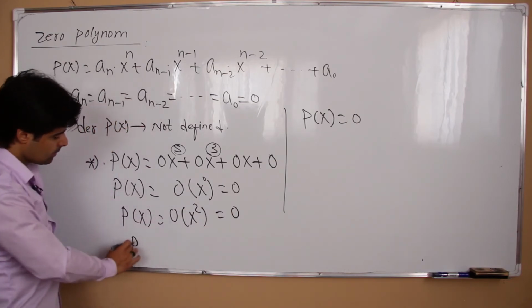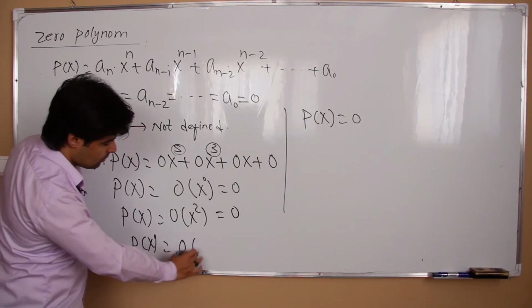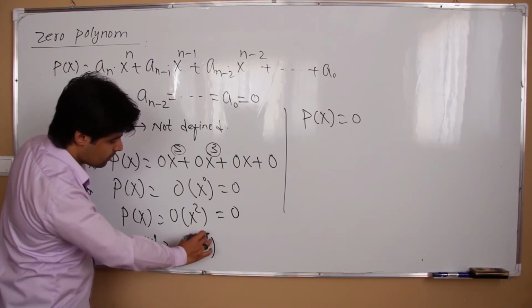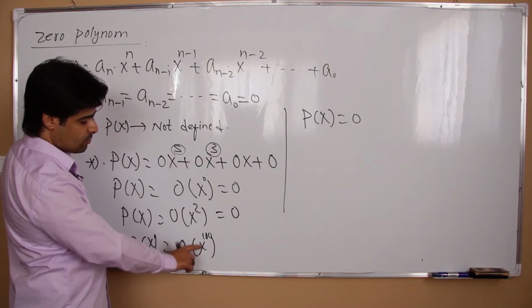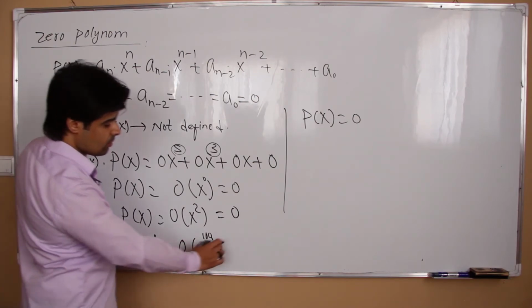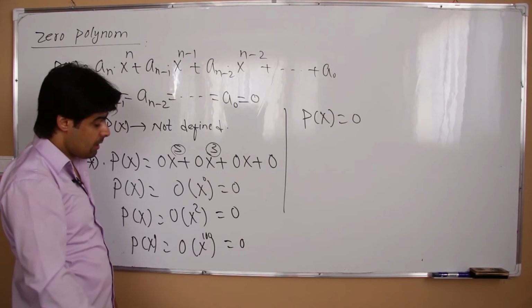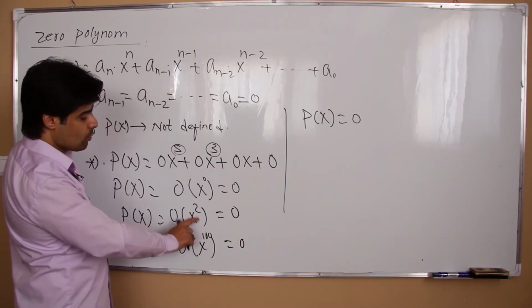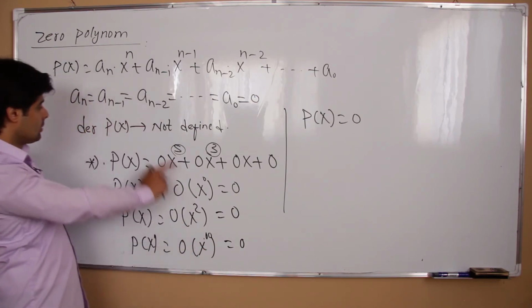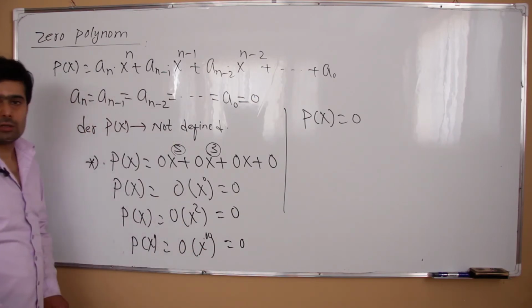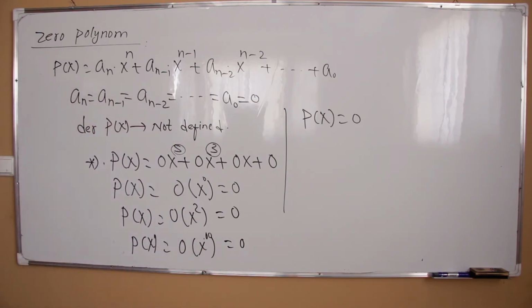Can I write 0 x to the power 100? Yes, x to the power 100 times 0 is once again 0. I mean that we can write whatever we want. If you can write whatever you want, the degree of the polynomial is not defined. I think you have got this one.